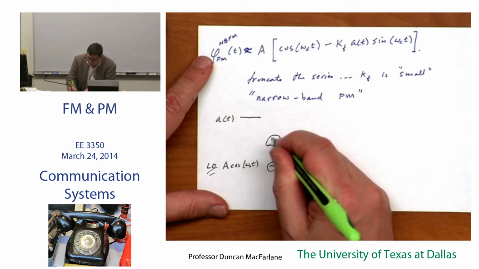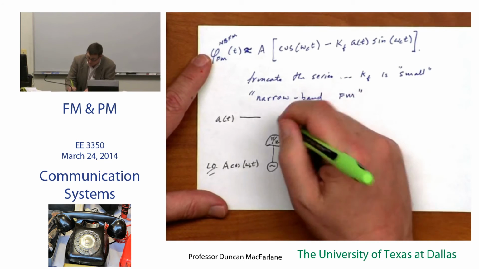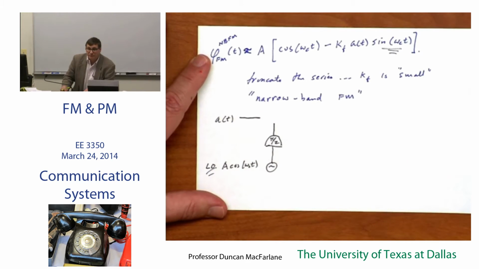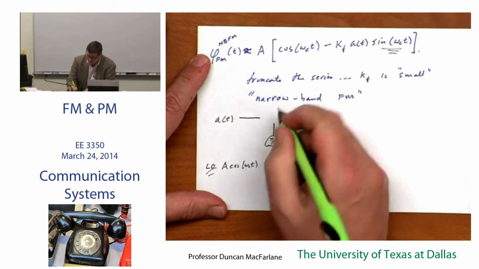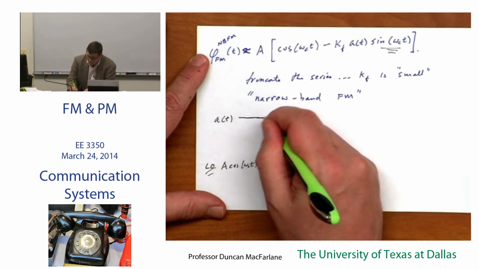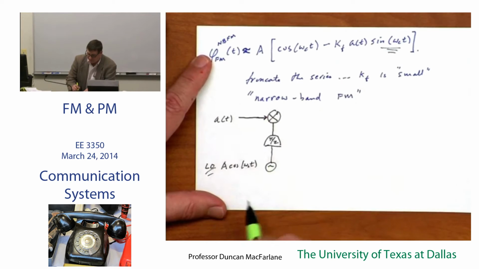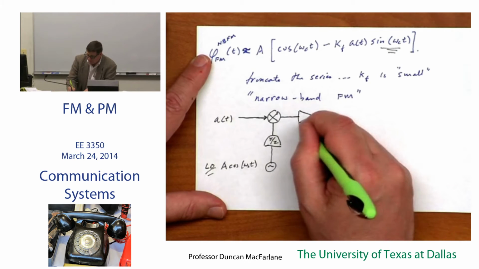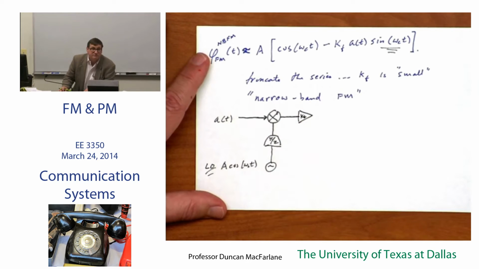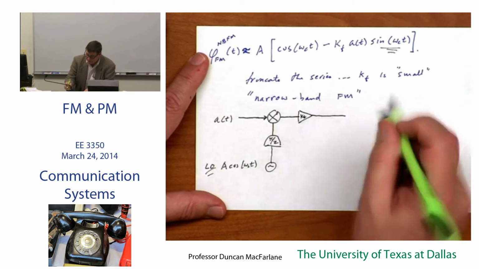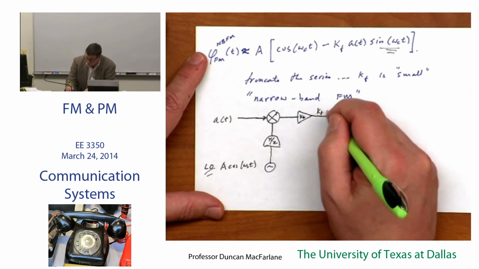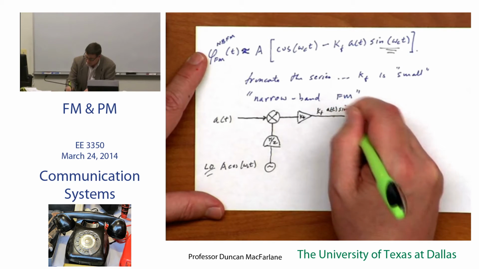I have used phase shifters before, so I can turn this cosine into a sine. And I can modulate, or mix, A of t with this sine. And I might as well amplify it by some amount KF. And now on this arm here, I have KF A of t sine of omega c t.